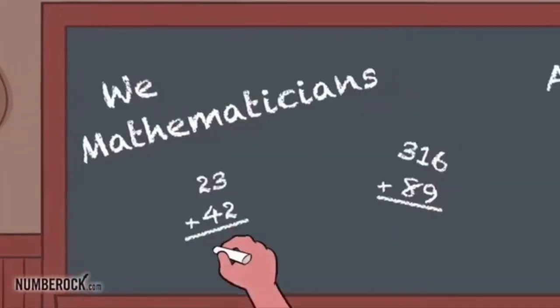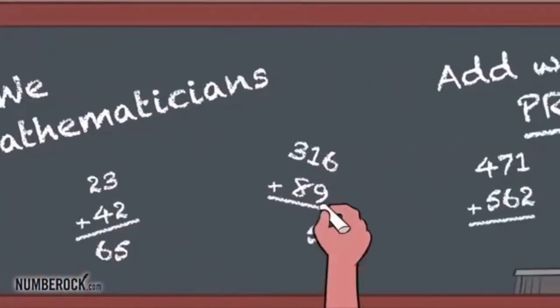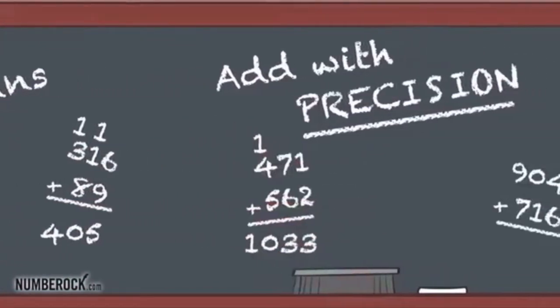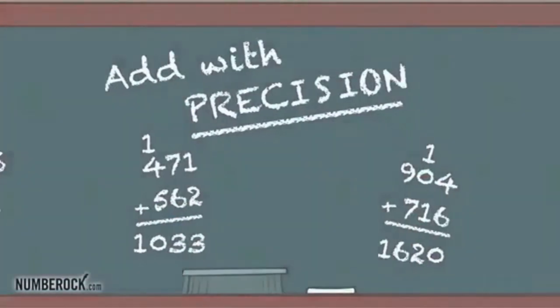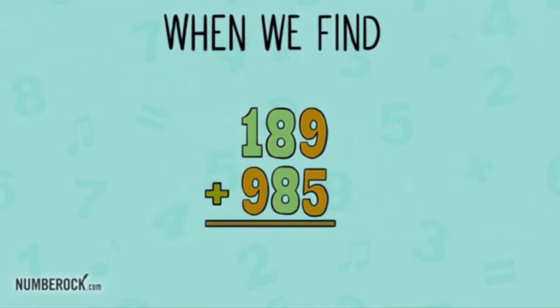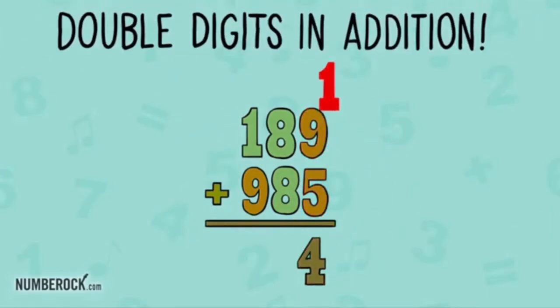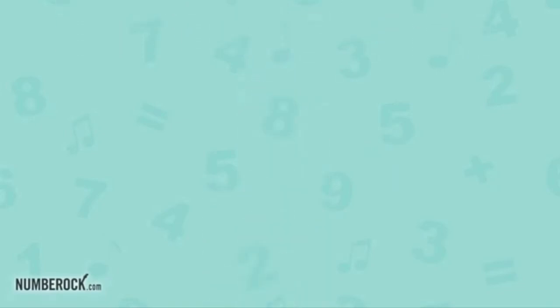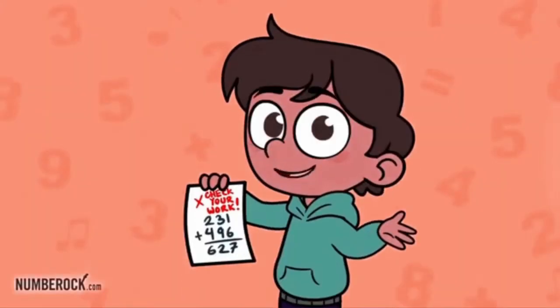We mathematicians add with precision. Regrouping tens or hundreds when we find double digits in addition. Sometimes we make errors, it's inevitable, but check your work and it'll be indubitable.